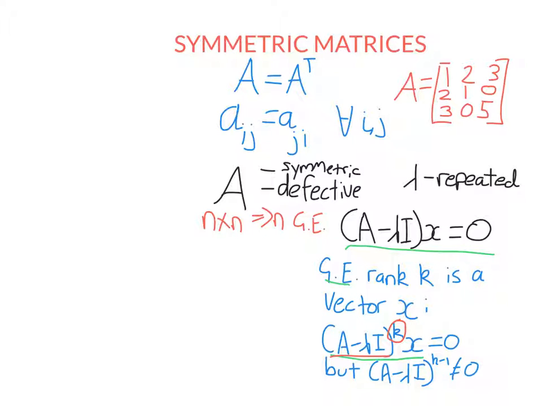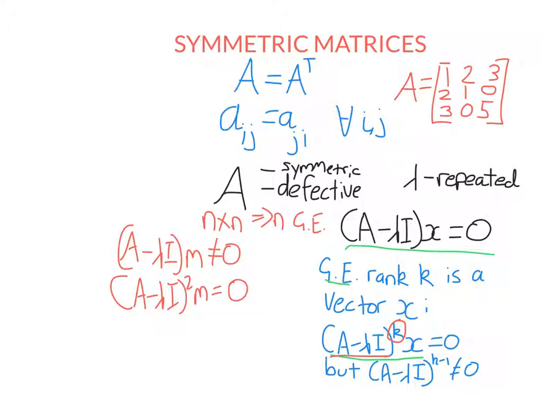So we will have some vector which I'll call m, such that A minus lambda I times m does not equal 0, because m is not a normal eigenvector, but A minus lambda I squared times m does equal 0.